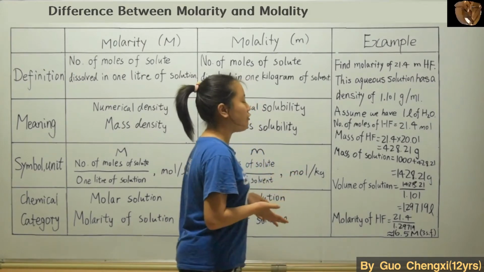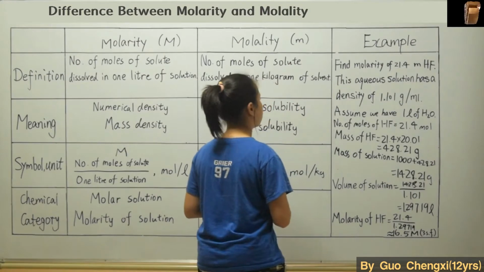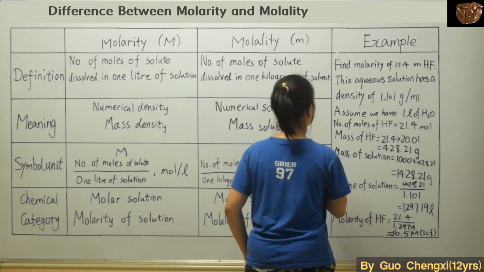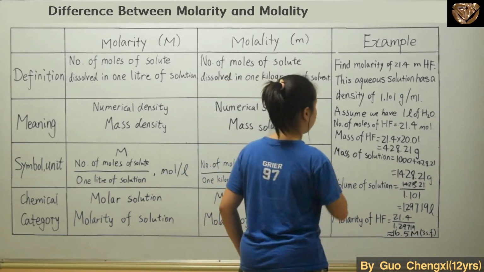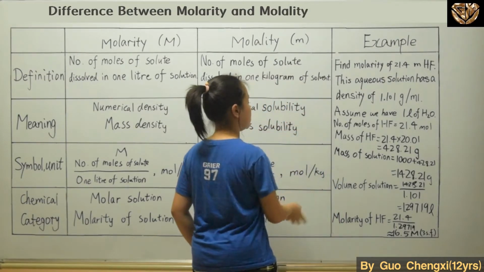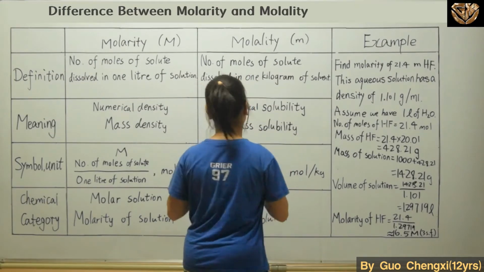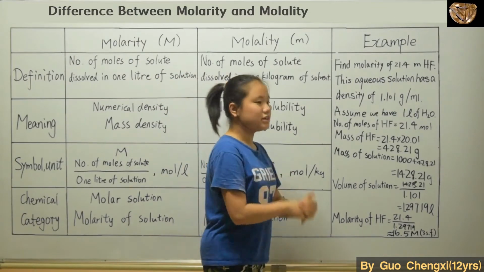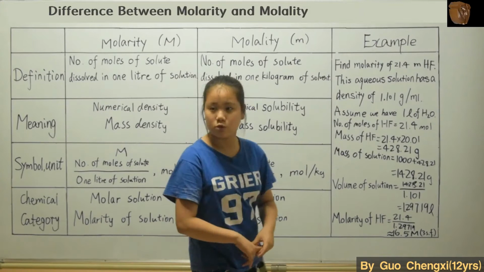Hydrogen fluoride and water placed together will be hydrofluoric acid. There are different types of acids, some are strong and some are weaker. So we found the molarity in this method. If you want to know more about it, you can go to the previous lessons. For this lesson, we'll be having another 2 examples.